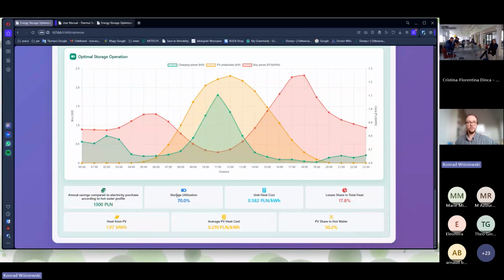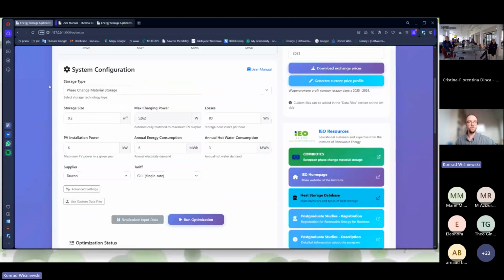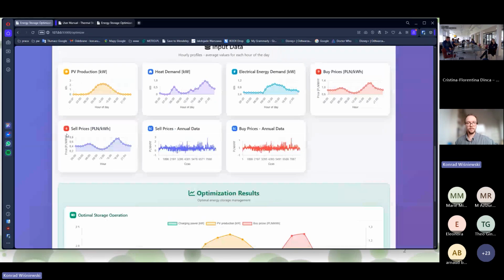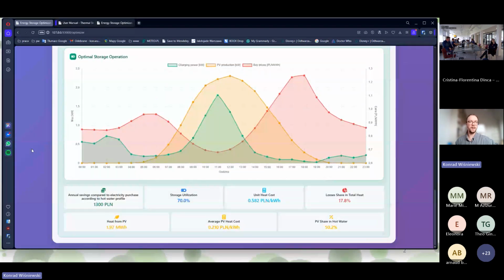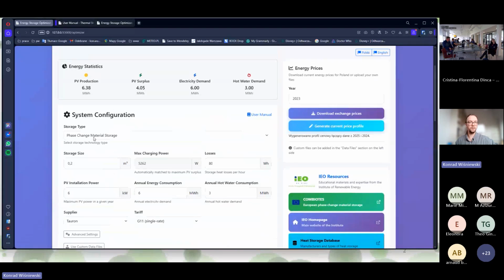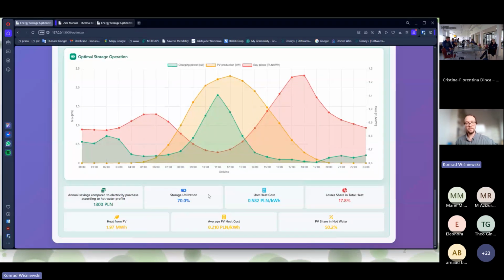As you can see, there is some comparison. You have things like storage utilization. This is an important parameter for the comparison, because at some point you can see that with water storage, for example, it will be full. And if you change to the phase change material, it will be less.